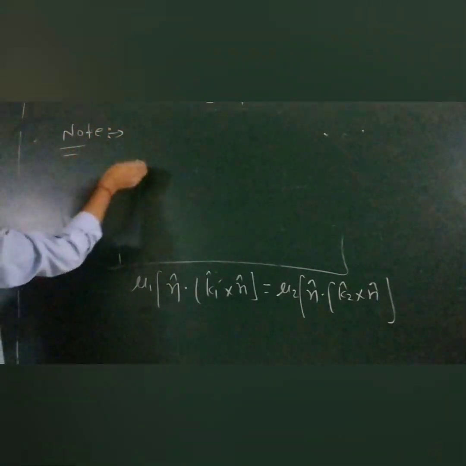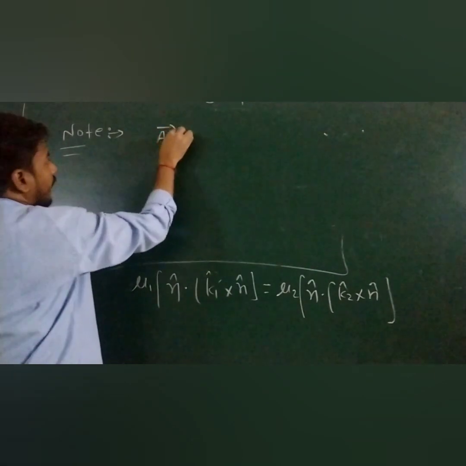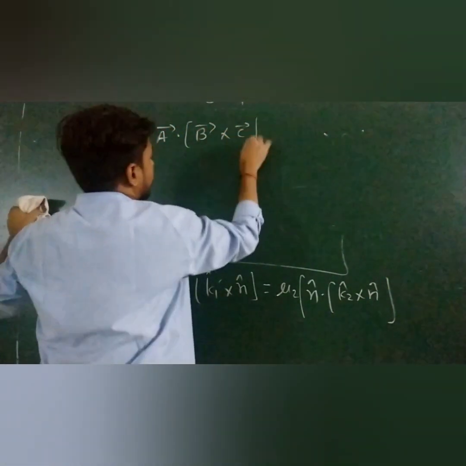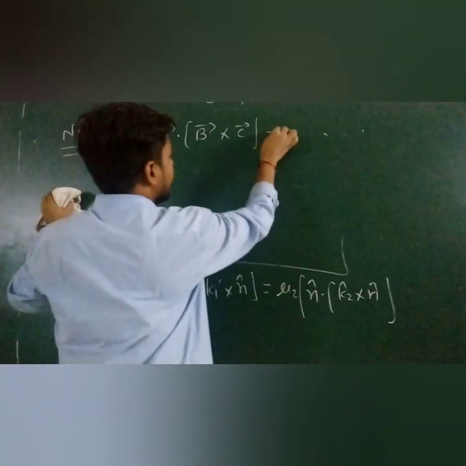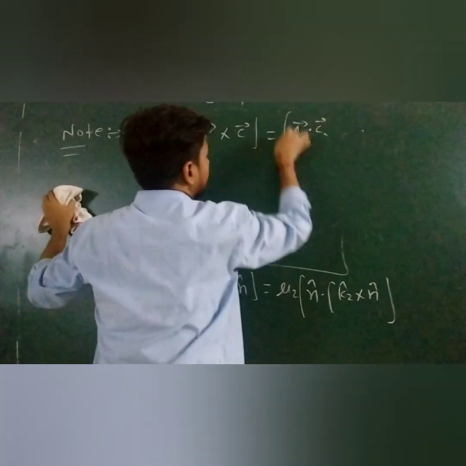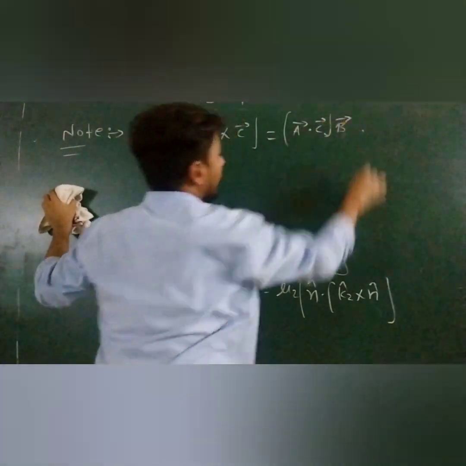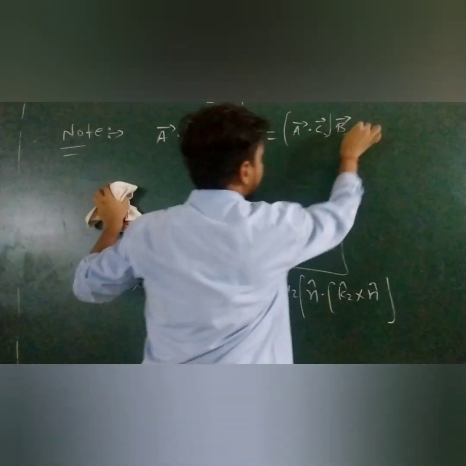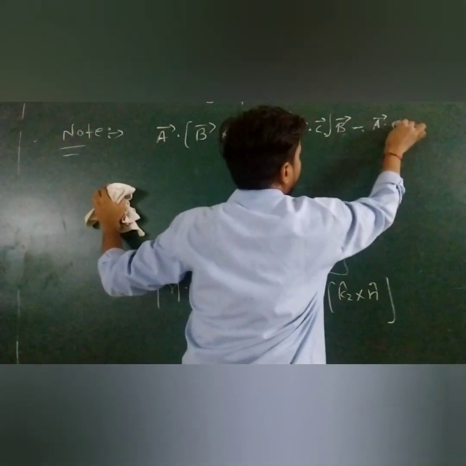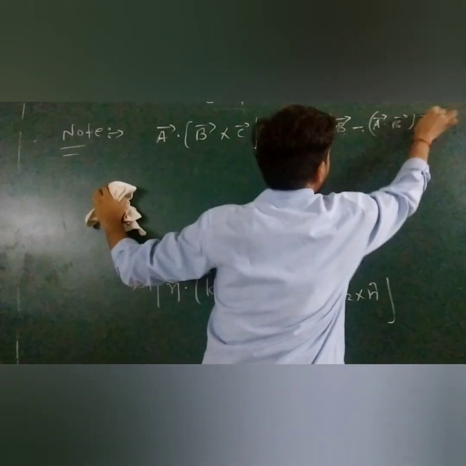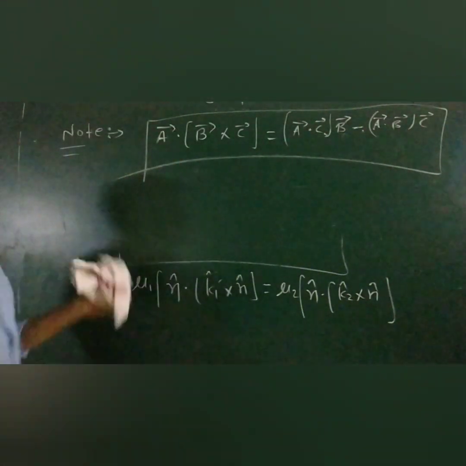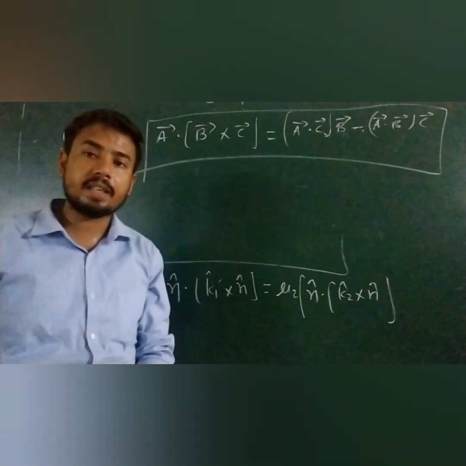Even as you study in mathematics, A dot (B cross C) is the vector triple product. This is equal to (A dot C) into B minus (A dot B) into C. This is called the vector triple product.